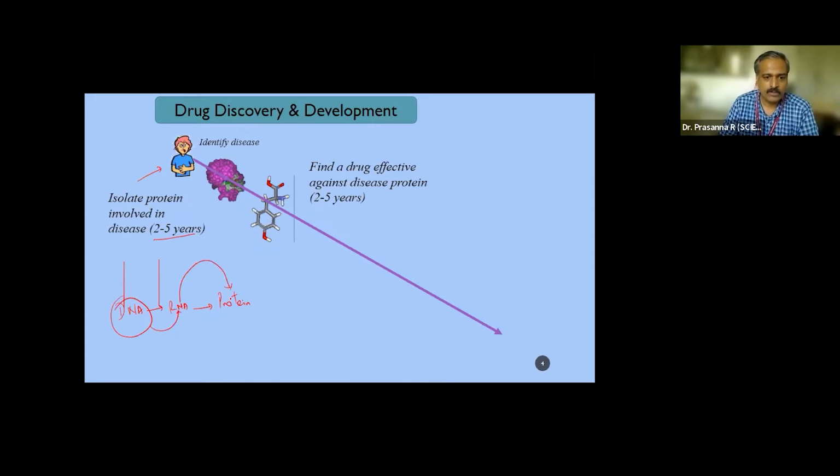The protein we are targeting is over here. When a person gets a disease or disorder, the DNA undergoes a mild mutation, and the mutation produces a mutated RNA, and the mutated RNA gives out a different protein. That protein is the one we are trying to target here.